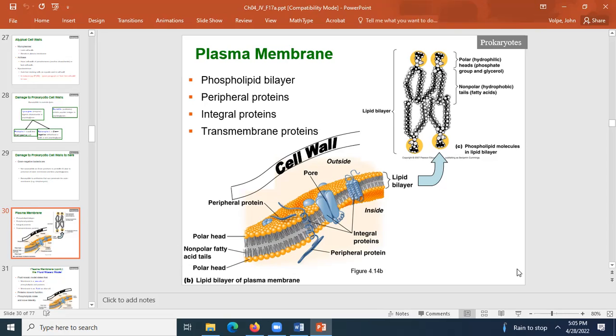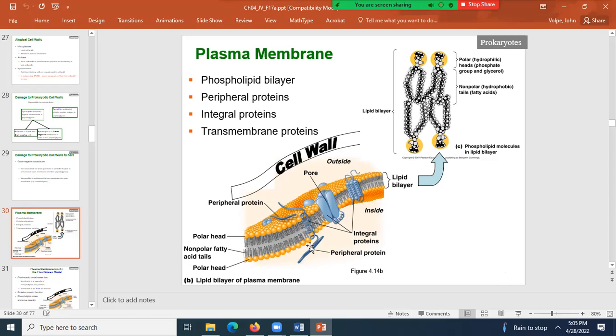So just remember that the cell membrane separates the inside and the outside of the cell, with the exception of the cell wall, because we do consider the cell wall to be a part of the cell. The plasma membrane is inside the cell wall.